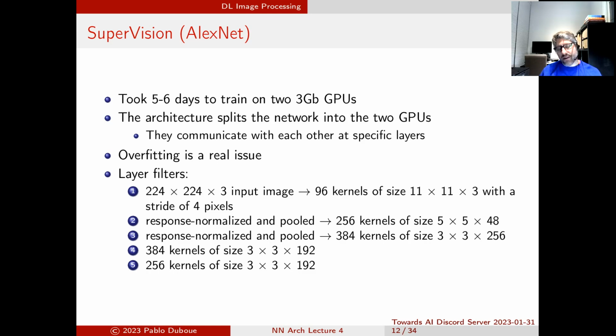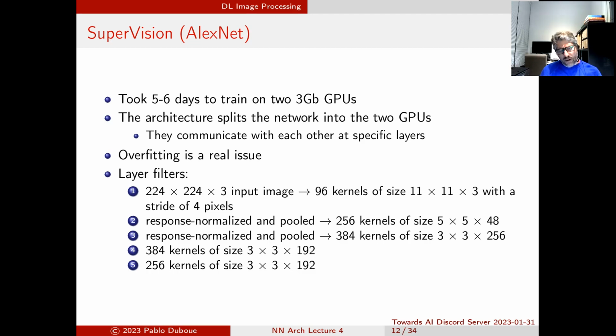From there, they normalize the brightness of the colors, and they compute max pooling, I believe, and they run kernels of size 5 times 5 times 48. So you can see, as the network gets deeper, the number of channels increases.